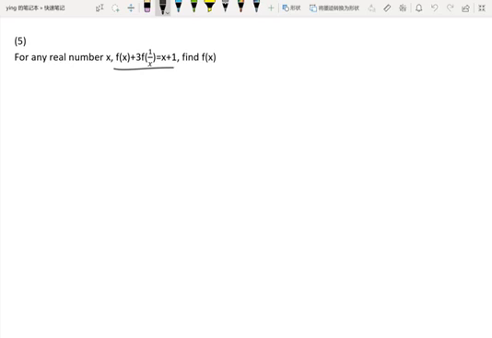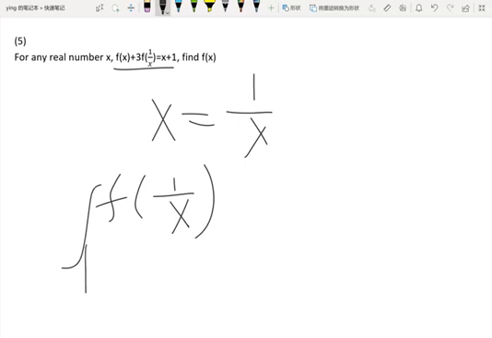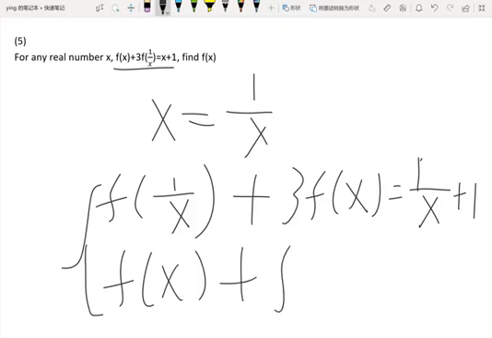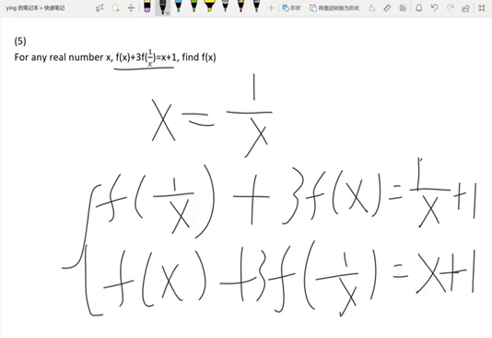So for this question, we let x equal 1 over x, and we have this, and also this relationship. And this gives us a set of equations, and we can solve this to get f(x).